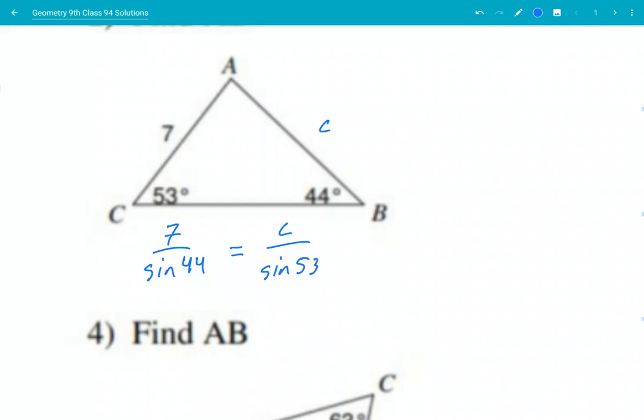So 7 times sine of 53, all that divided by sine of 44, you get 8.04776. So rounded to the nearest tenth, 8.0.